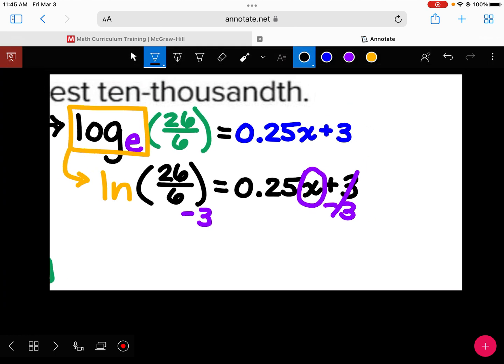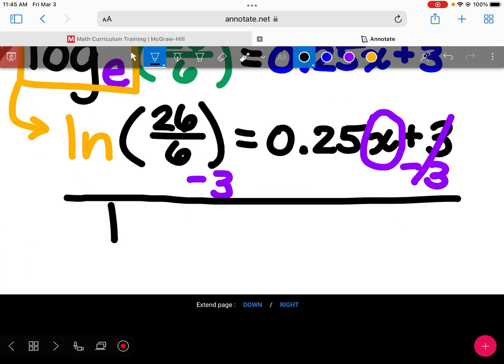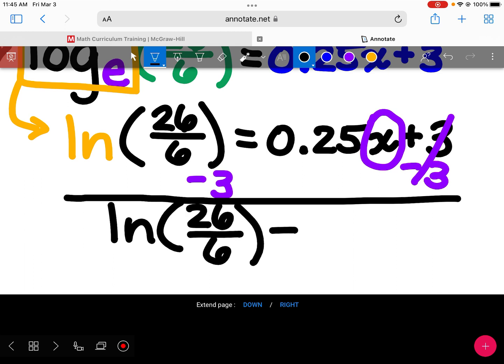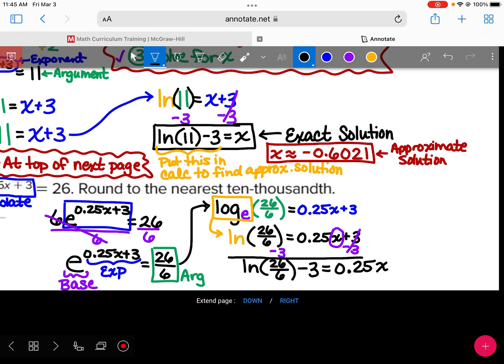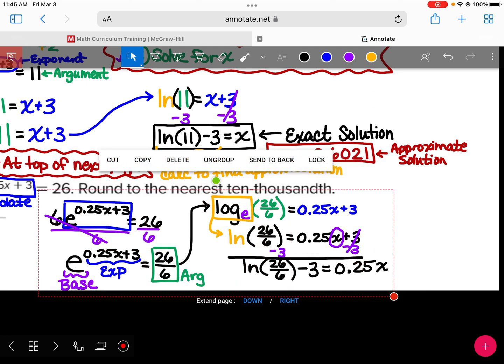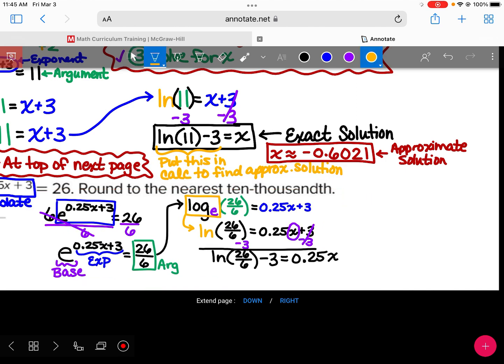That will not combine with the fraction. I'm going to have natural log of 26 over 6 minus 3 equals 0.25x. How do I get rid of that 0.25? Divide. So I'm going to divide both sides by 0.25.